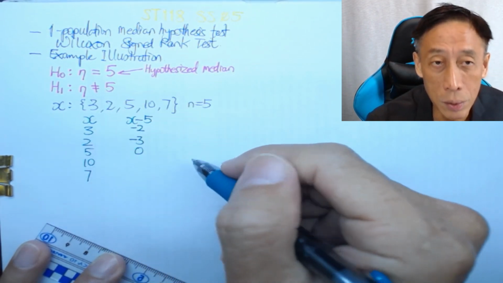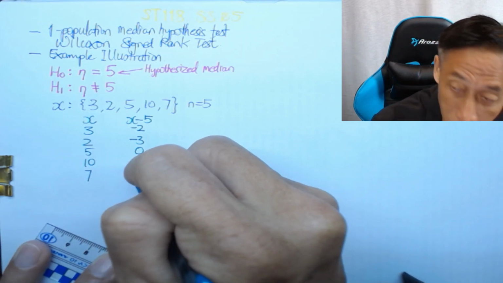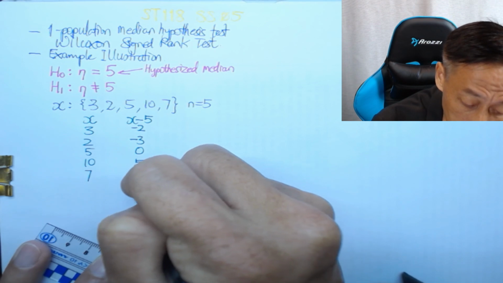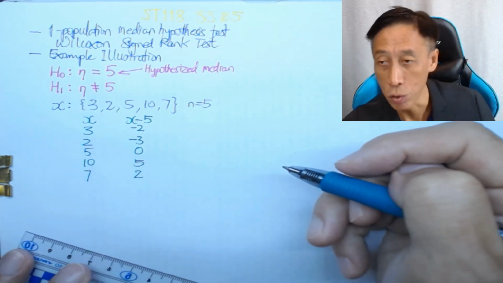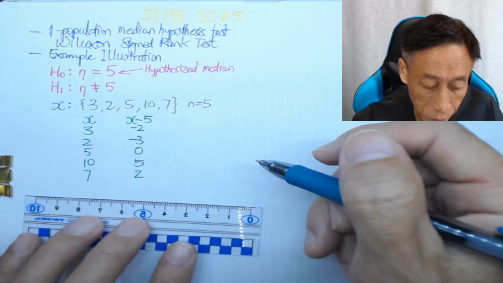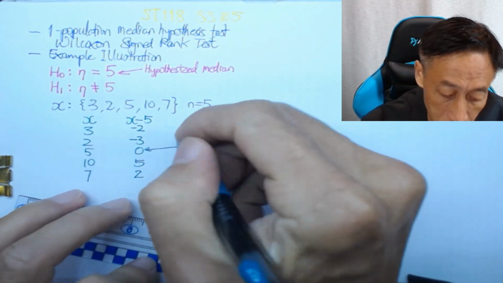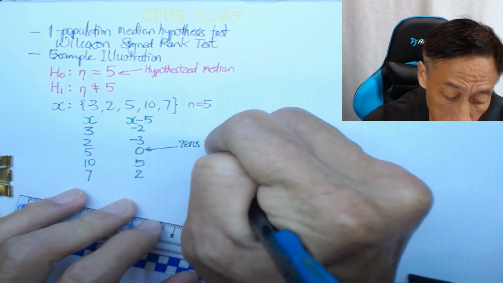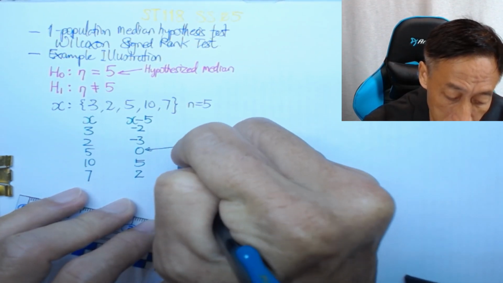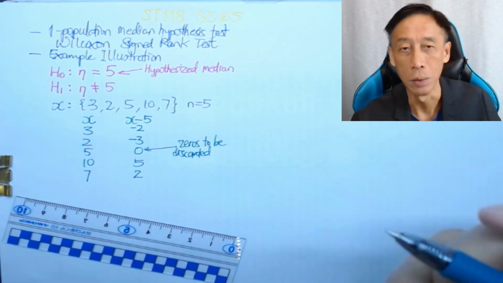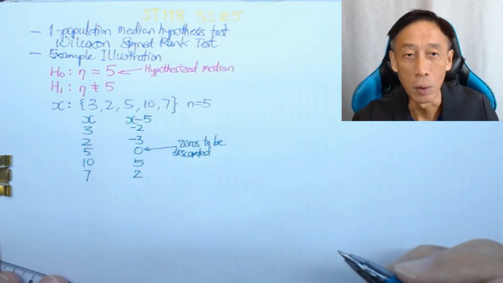And 0 is something interesting, right? We want to talk about that, because there's a special treatment for 0. So 0 is to be ignored. Zeros are to be discarded in our computation for the test statistic. So we want to throw that away.